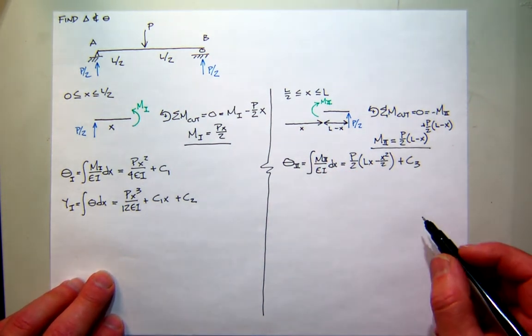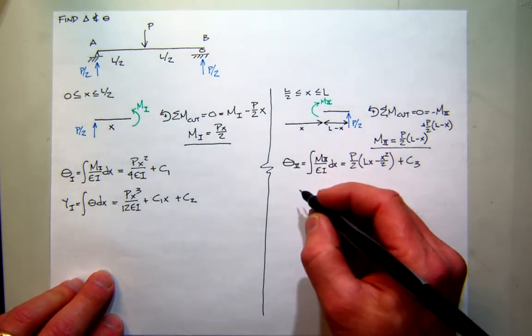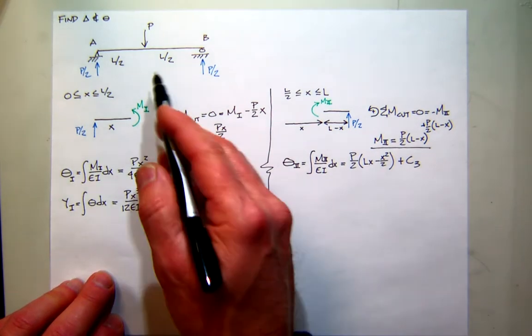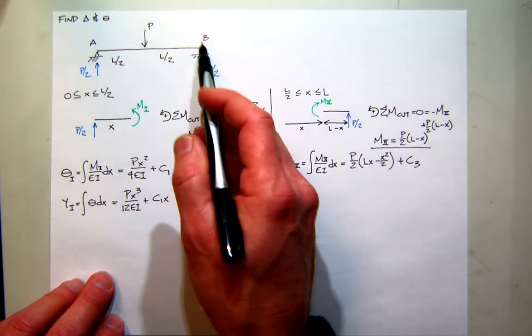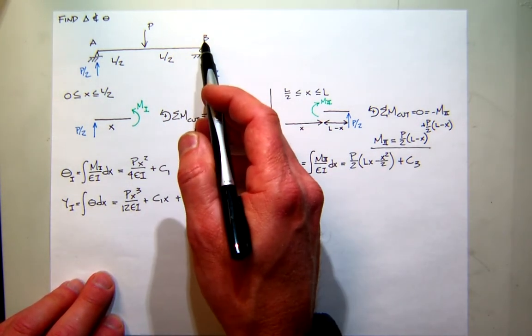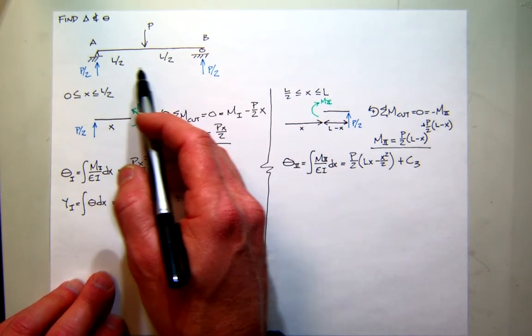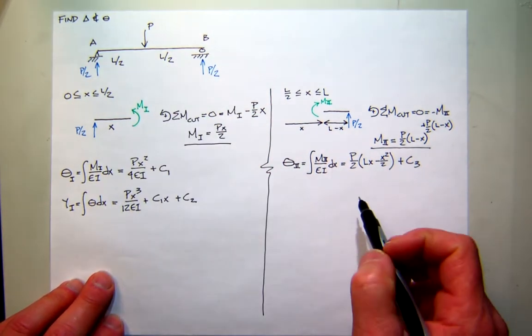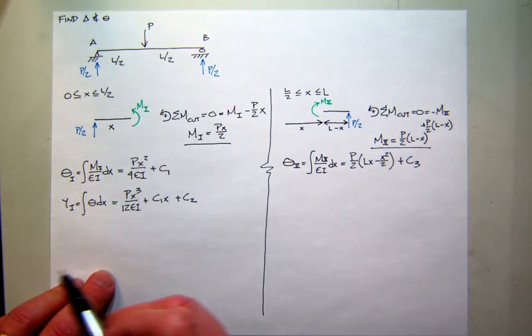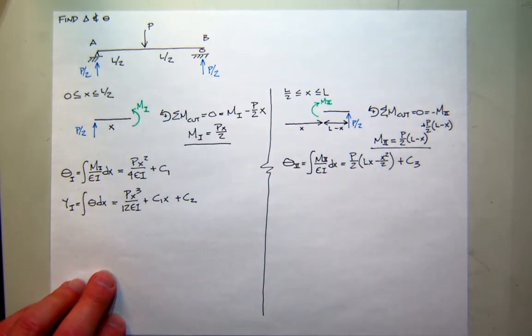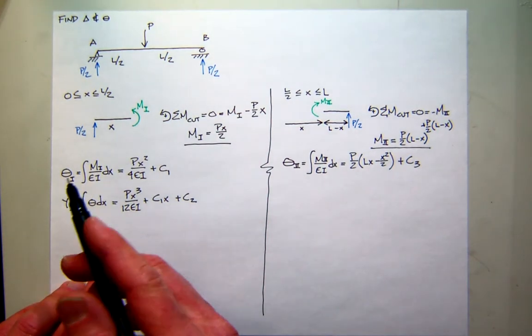Okay? Then integrate. Do I know anything about the slope on this side? Well, I don't know it from the support reaction. Again, we've already discussed that we probably know that the slope is 0 at the middle, and we could apply that there. In fact, the author of your textbook says, well, that's true, that's how you solve this problem. But I want to show you how to do it in general.